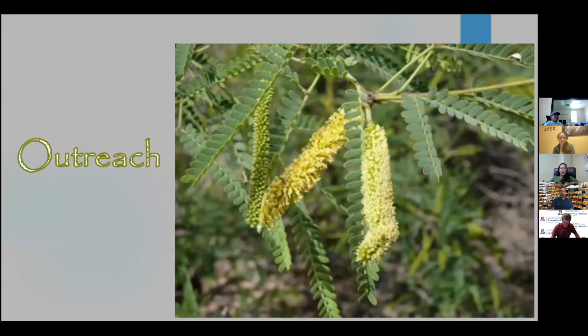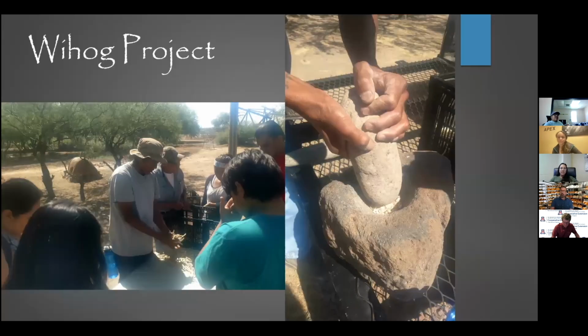The program does outreach. We have a WIHA project, which is harvesting mesquite pods. We go out to communities when requested and teach them the safety practices that need to happen when harvesting mesquite pods. On the right, we have a picture of a chippanakut and a chippa, which is a traditional way of grinding up the mesquite pods.